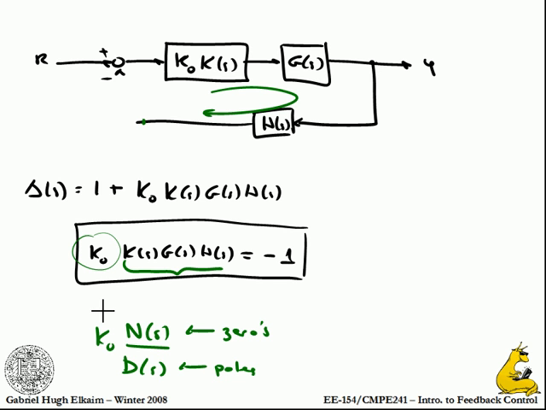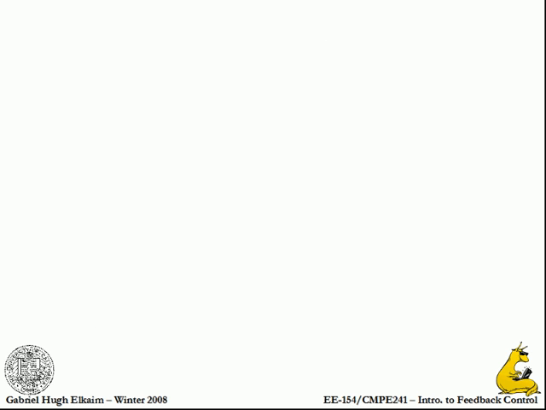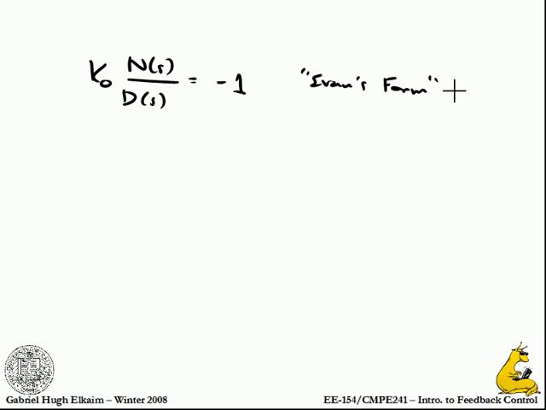All right. So, if I write this in the form k naught n of s over d of s equals minus 1, okay, this has a name. This is Evans' form. All right, as I said, that comes from Evans' root locus, and basically I'm going to look at the angle of this.